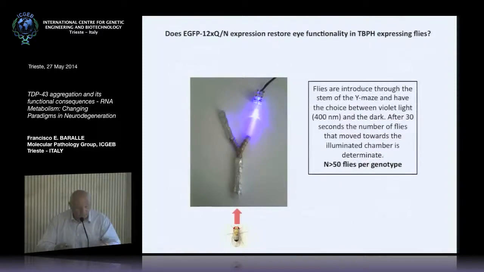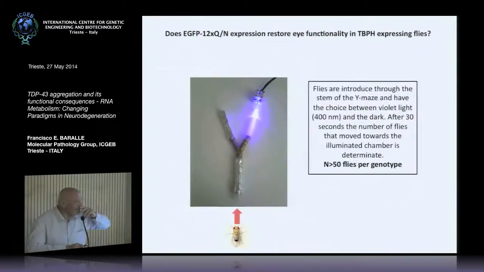So are the neurons functional? There is a test in the literature that is quite simple: a light and a dark side in a white tube. You put 50 flies in, and first of all you test mobility, climbing.